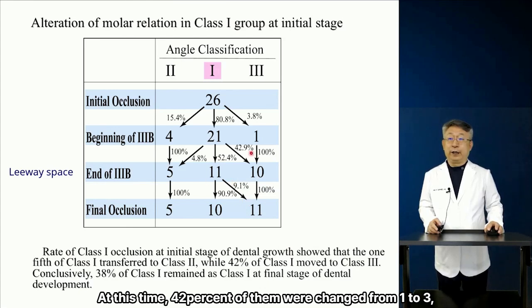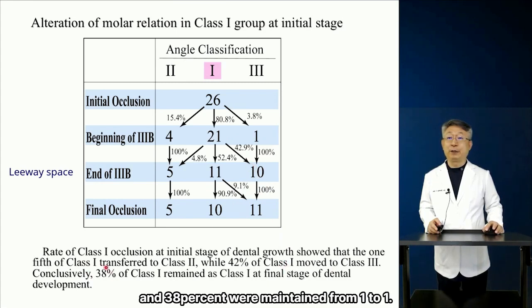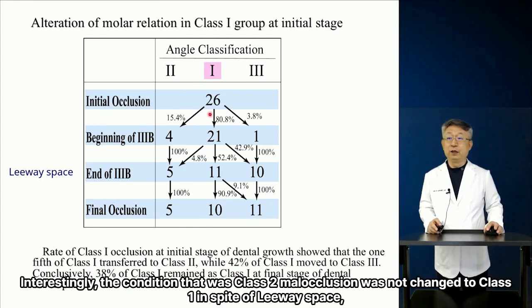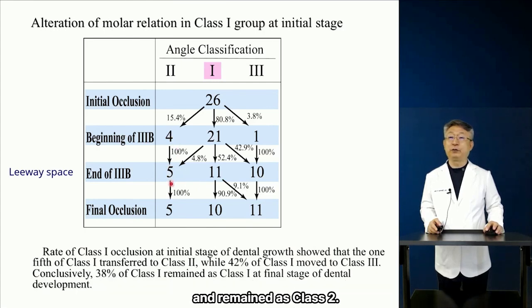At this time, 42% of them were changed from 1 to 3. And 38% were maintained from 1 to 1. Interestingly, the condition that was class 2 malocclusion was not changed to class 1 in spite of leeway space, and remained as class 2.